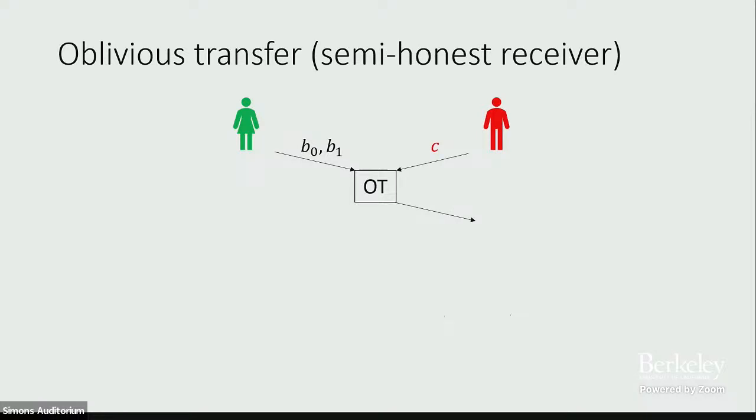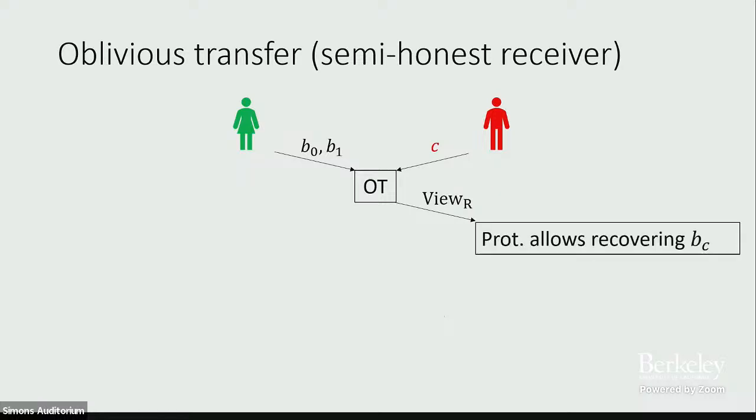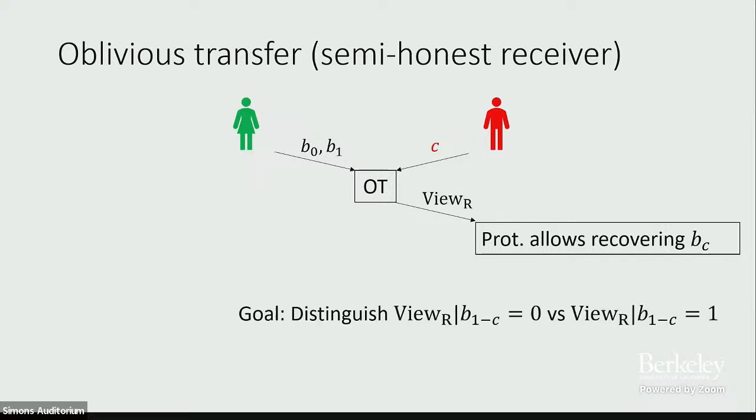So again, semi-honest security with respect to the receiver means that the protocol allows it to recover b_c, but not the other bit.